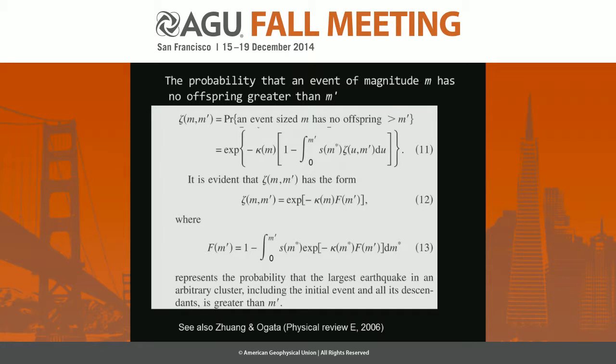Here is the solution of the main equation. By introducing this function f, the probability that the biggest event in an earthquake cluster is greater than m, this equation becomes much simpler.